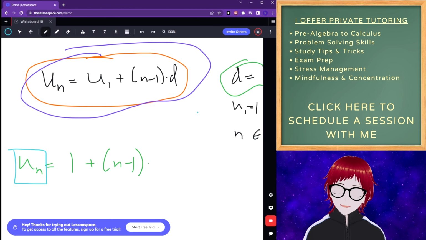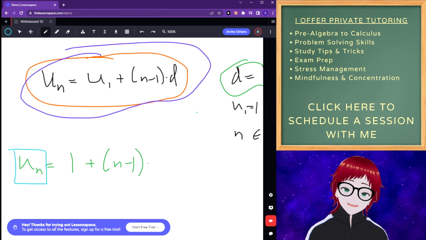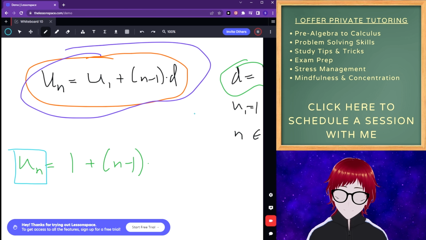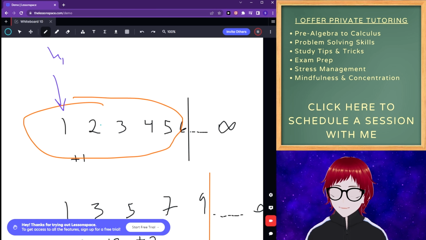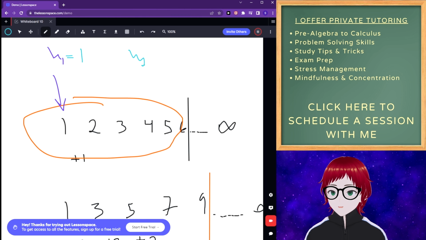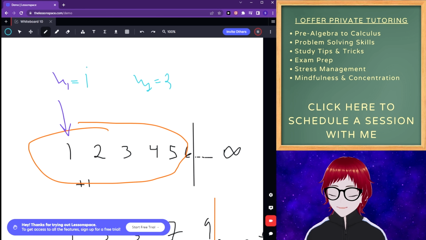It's the number you're going to add to a term to get the next term in the sequence. So for instance, if we look back at 1, 2, 3, 4, 5, 6, we started at u1 equals 1. And then if u2 equals 2, which is this buddy here, then the common difference between them is d equals 1.